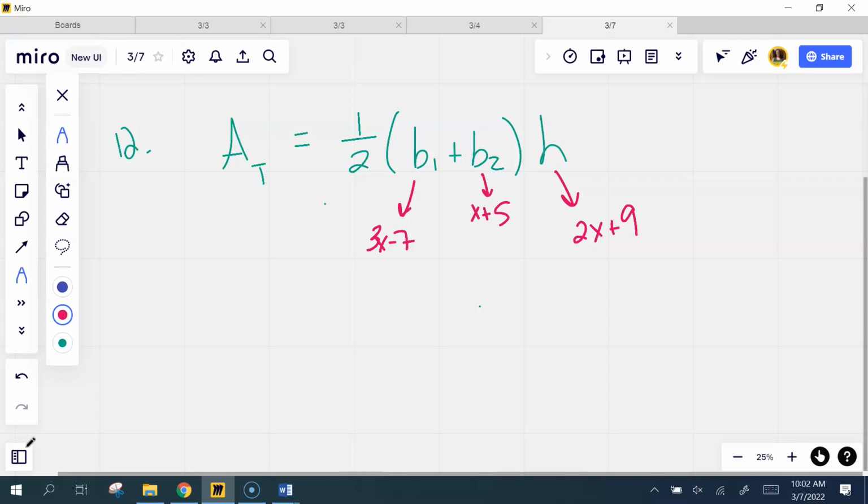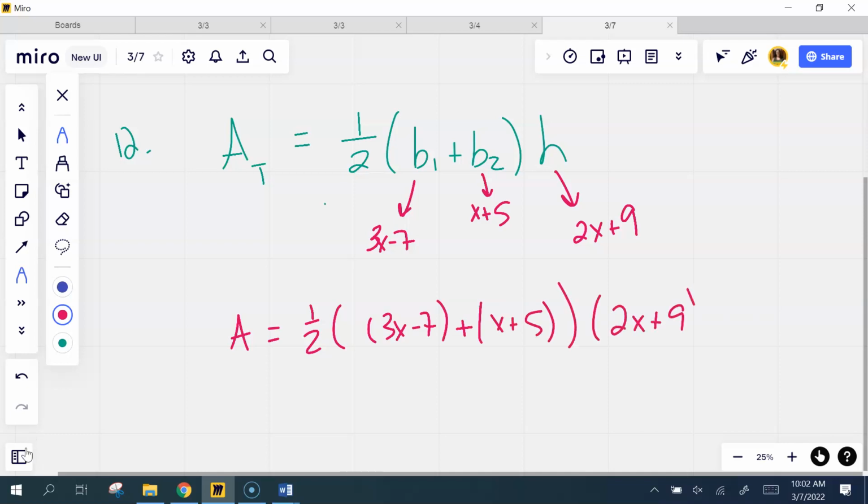Write an expression to represent the area of the trapezoid. So now all I have to do is plug these values in. So I've got the area equals 1/2 times the quantity base 1, 3x minus 7, plus base 2, x plus 5, times the height, 2x plus 9.